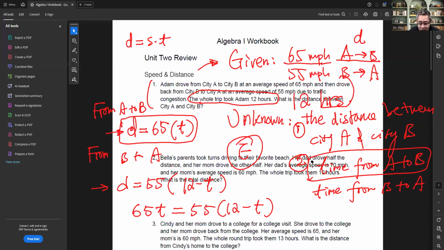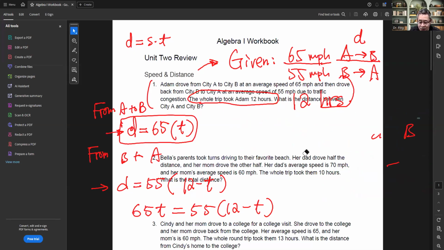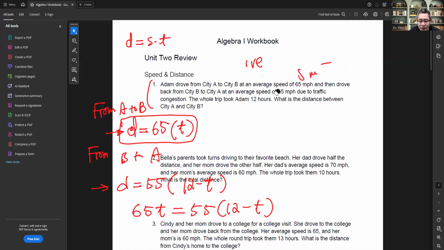So now we set up the equation. And this actually is a simple linear equation. I'm going to rewrite it, clean it up a little bit. So we have 65t equal to 55 times (12 minus t).